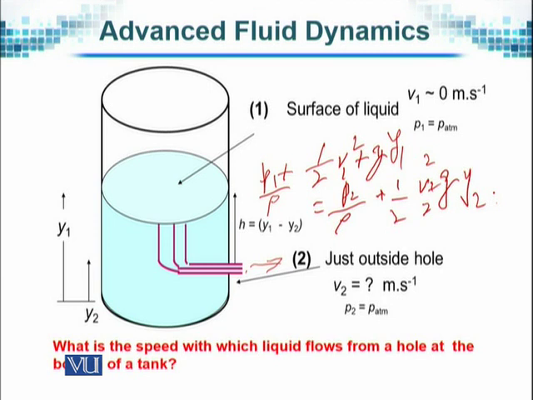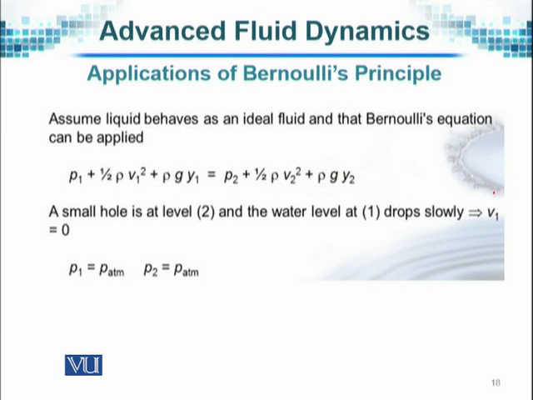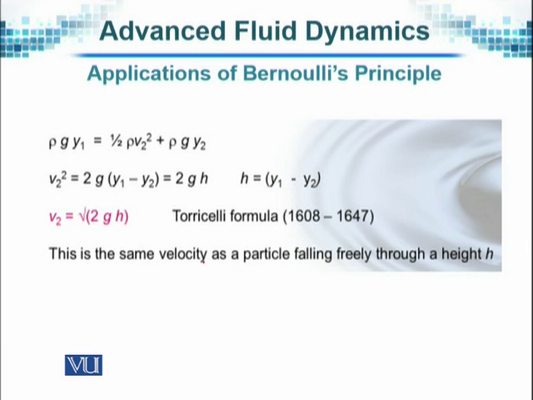So with these conditions we can see that this is Bernoulli's equation. It has to be constant. That's what the equation dictates. And when we substitute the values I just mentioned, V1 equal to 0, and P1 and P2 both atmospheric pressure so they are the same, we have rho g y1 equals this, and therefore V2 will turn out to be this value.